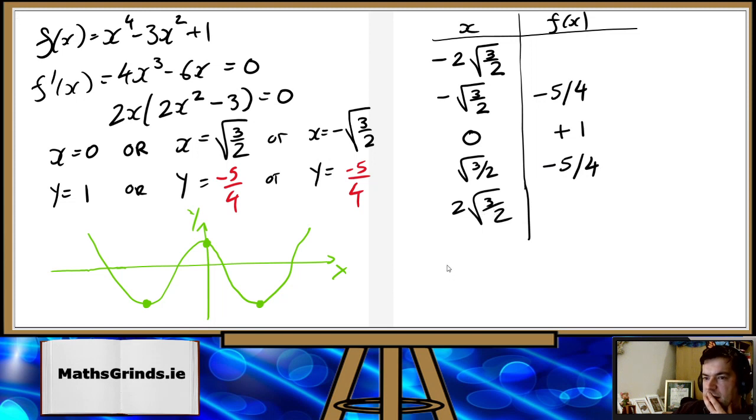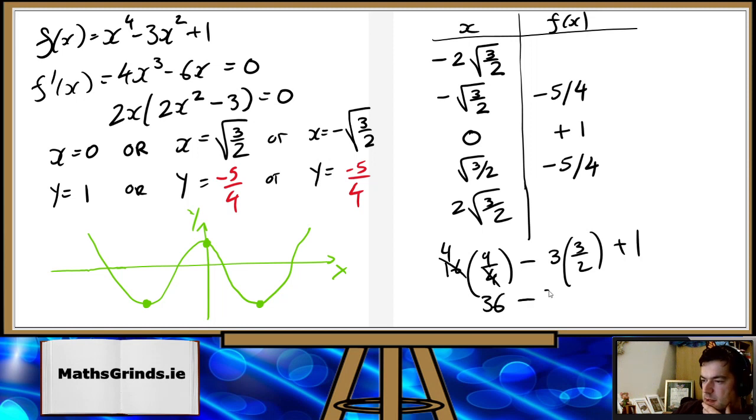So 2 to the 4 is 16, times 9 over 4 minus 3 times 3 over 2 plus 1. Oh, 36 minus 9 over 2 plus 1. So that's 37 minus 4.5, which is definitely a positive then.